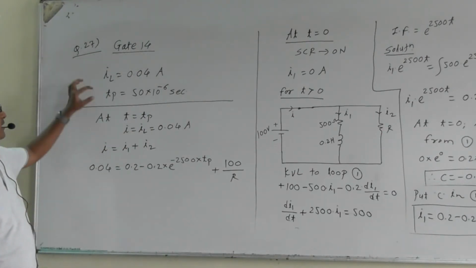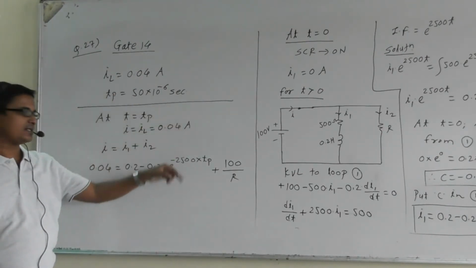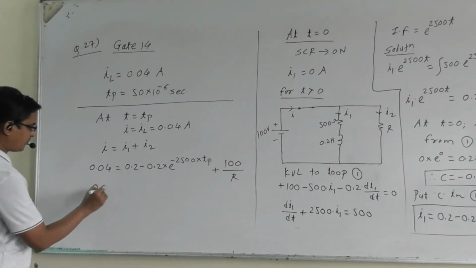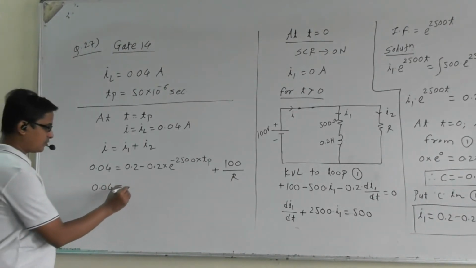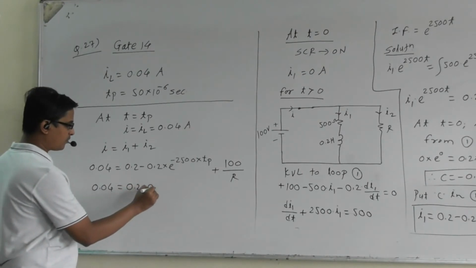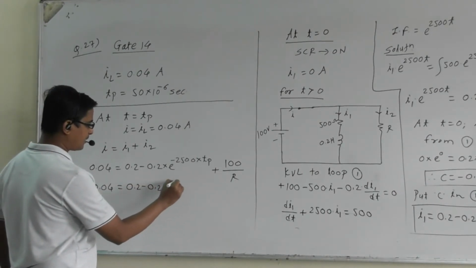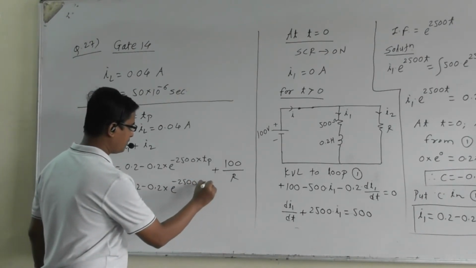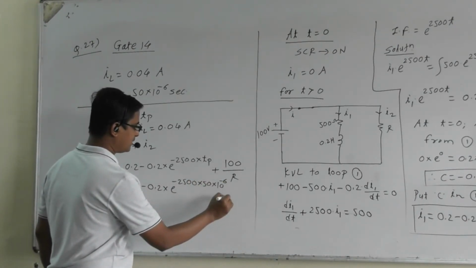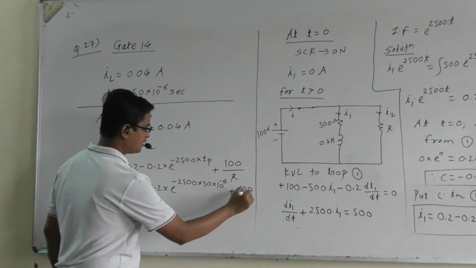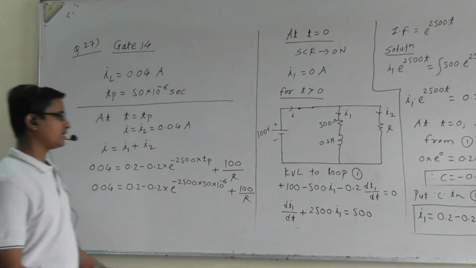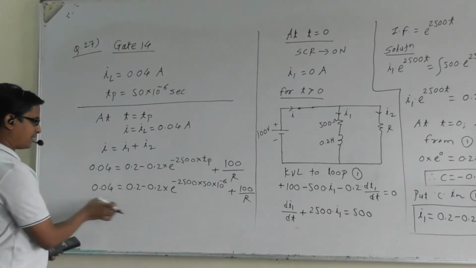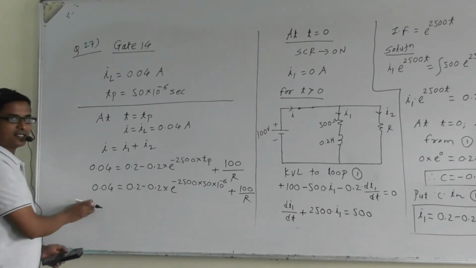But what is tp? tp is 50 into 10 to the power minus 6. So putting that here, 0.04 is equal to 0.2 minus 0.2 into e to the power minus 2500 into 50 into 10 to the power minus 6, plus 100 by R. Is this clear? Further, we shift these terms to this side.